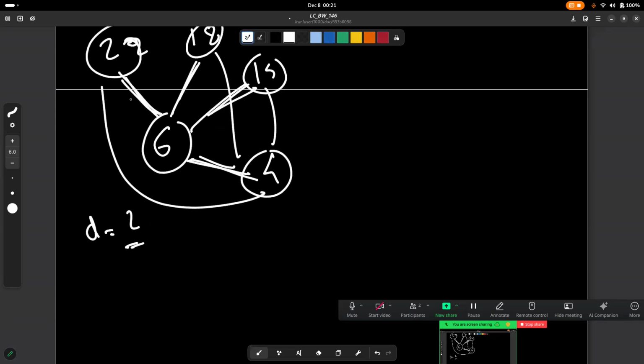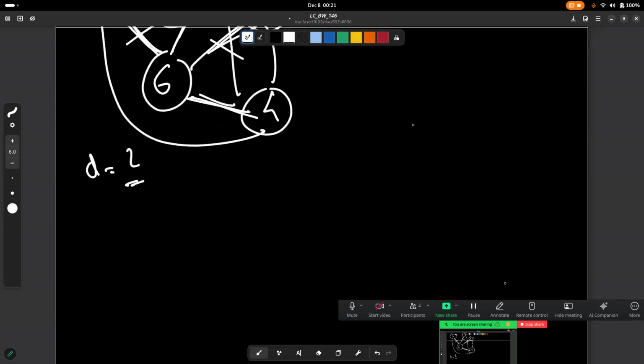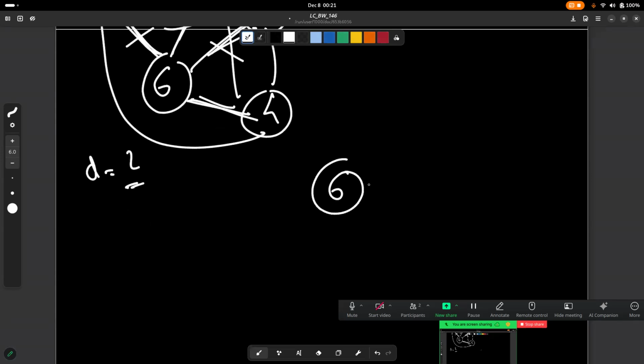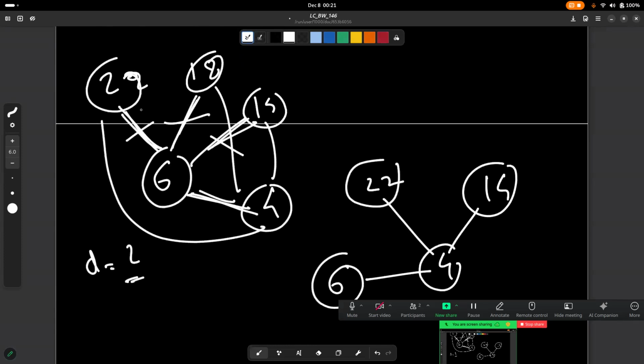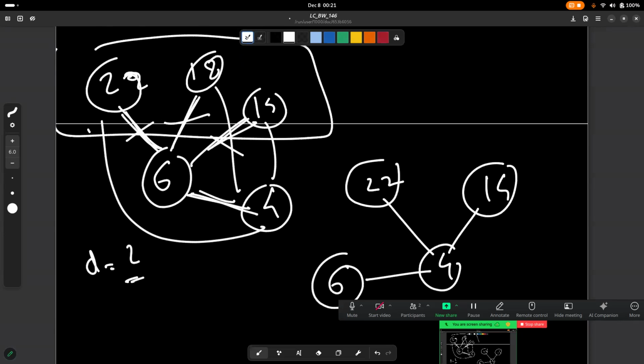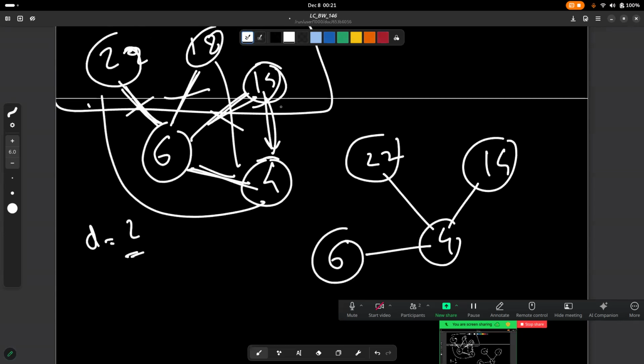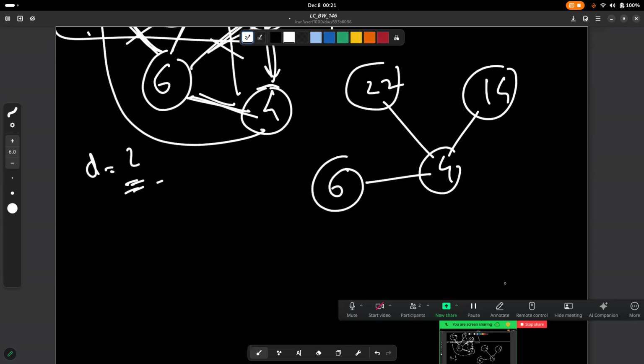So rather than having to check this edge, then this edge, then this edge, look at 22, can I connect it to 4? Okay, I can connect it. Look at 14, can I connect it to 4? And so on and so forth. So rather than exploring the connections in between these nodes, what you can just do is check if this node can be connected to the least number such that the GCD with this number is equal to D, that is 2. All right.